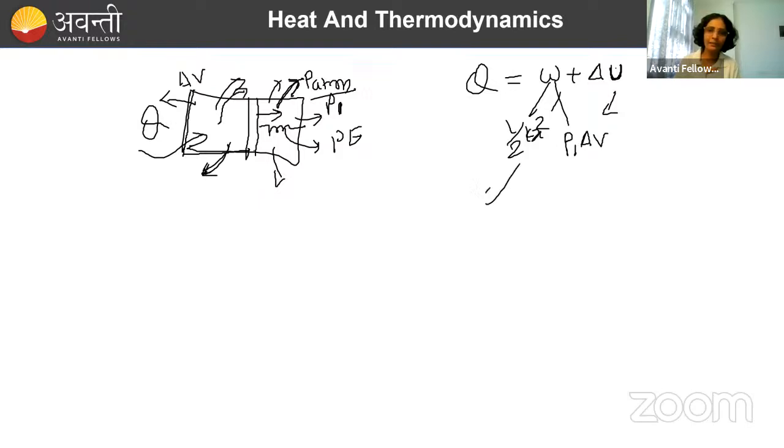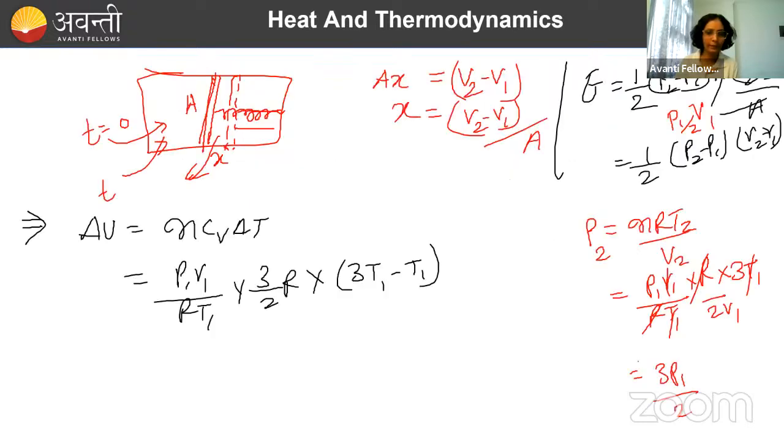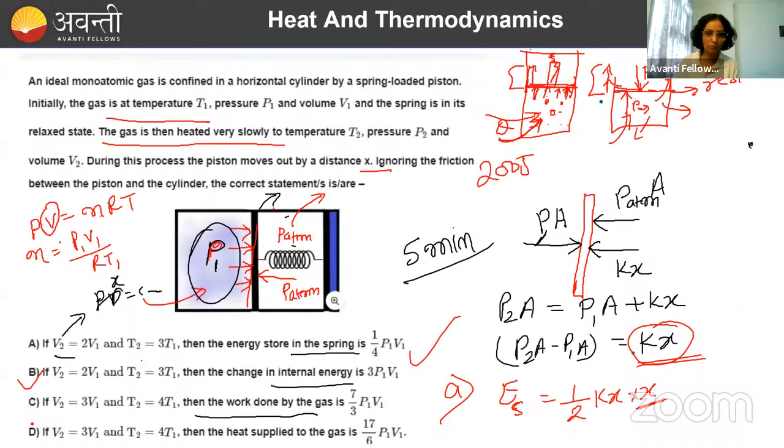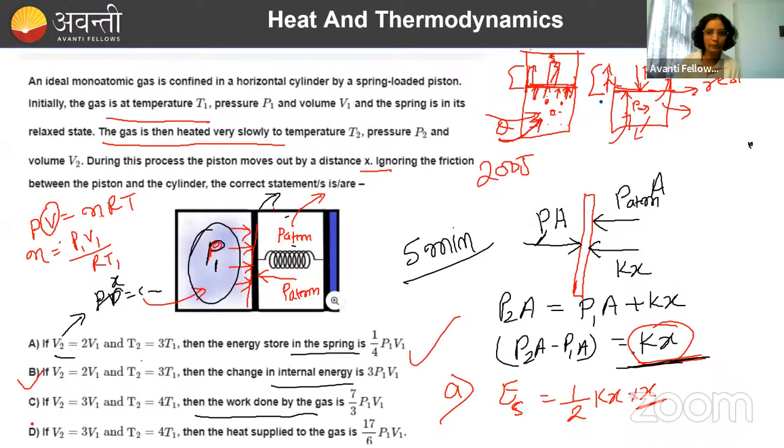Again, this work done also includes half kx square. And carefully, P1 delta V can be written as P1 A x. Delta V is Ax, and we have seen how we can calculate Ax. Kx we can also calculate from here.